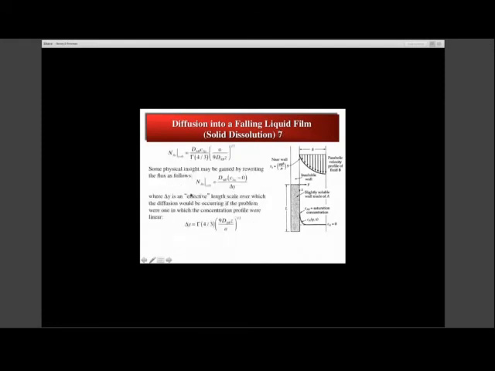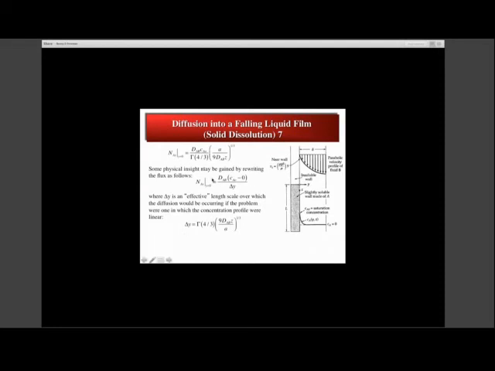And I just want to compare that as we start to wrap this up. I want to write the flux as shown here. If I write that flux in the following way, I've assumed that the concentration of A goes from CA0 down to 0 over some penetration depth that I haven't determined yet.